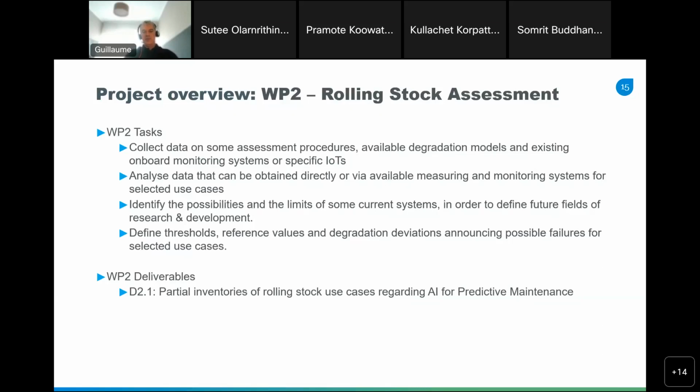The last task is to define the thresholds, reference values, and all the degradation deviations to announce the possible failures of the assets in the selected use case. We are expecting a deliverable with a partial inventory of use cases, but applicable for rolling stock.